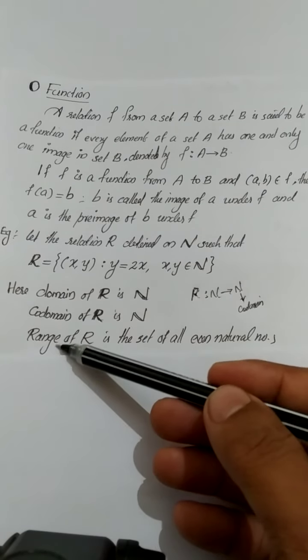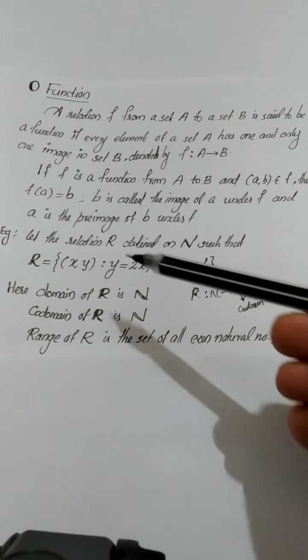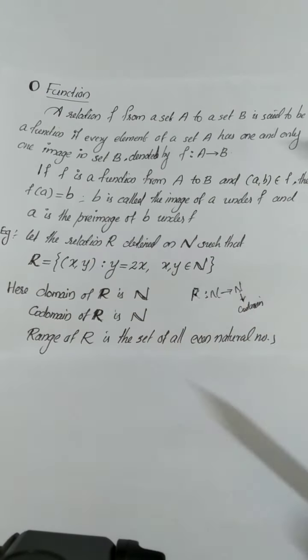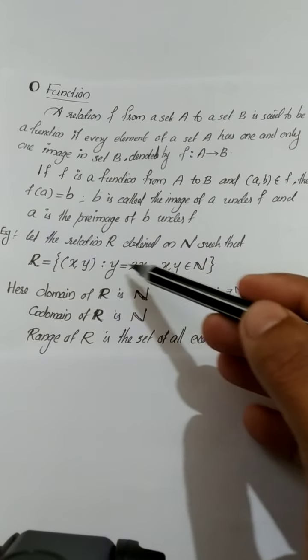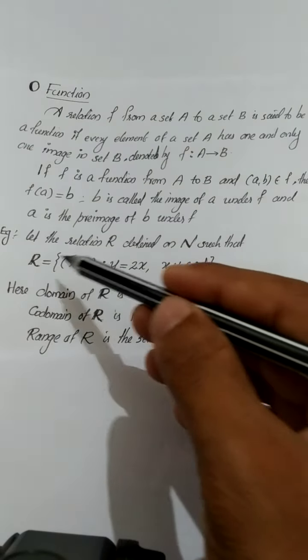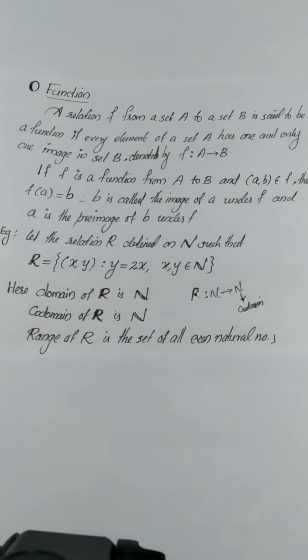But what is the range? Range is the set of all second elements. The set of all second coordinates is called the range. So what is y? y is equal to 2x, 2 into x. What is x? x is a natural number.